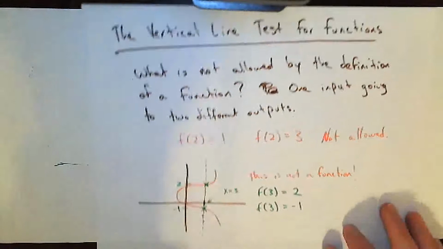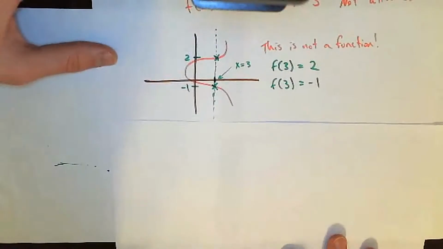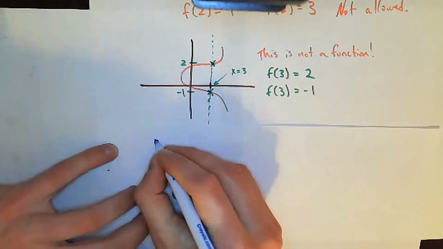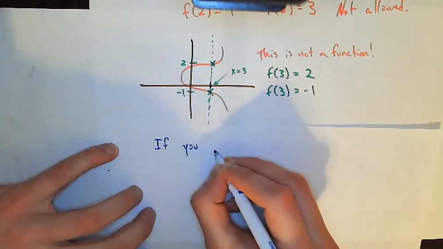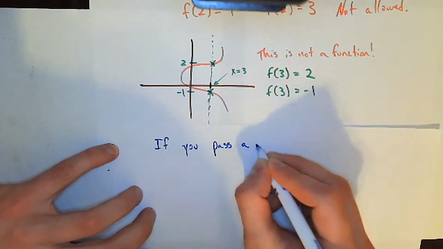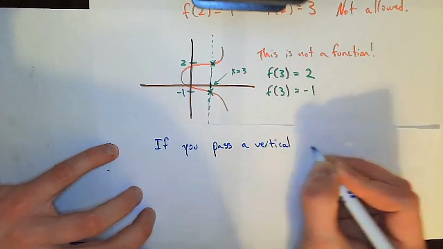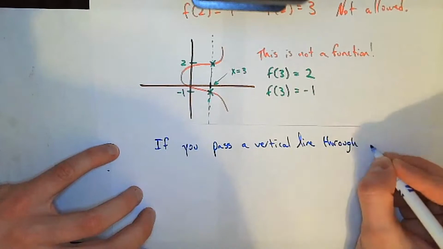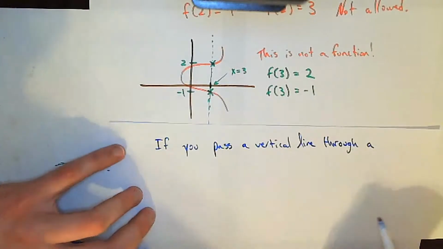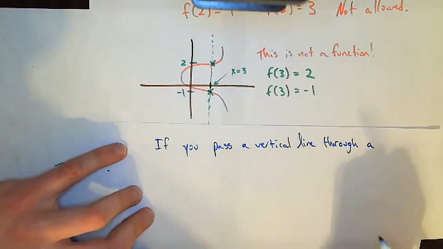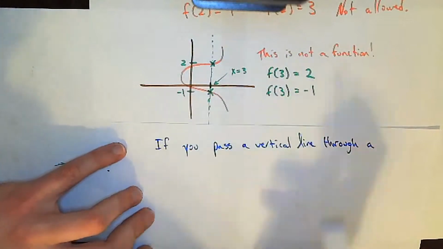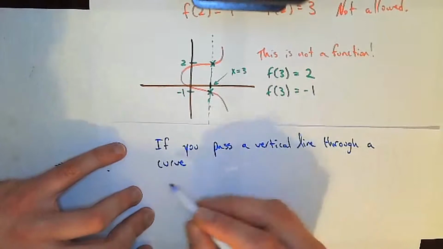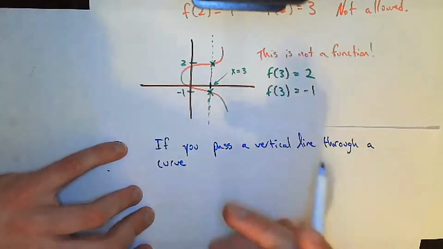And it says, if you pass a vertical line through a, I'll call it a curve, because I don't know if it's a function yet, so just a generic word, curve, or graph of a line or whatever it might be.